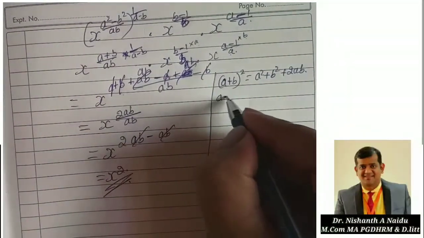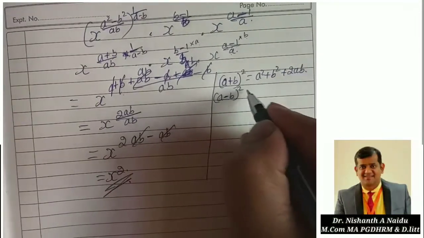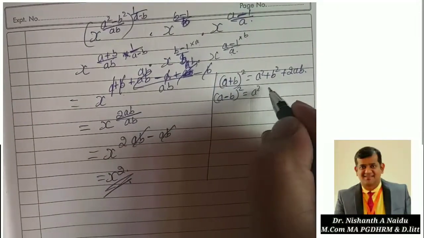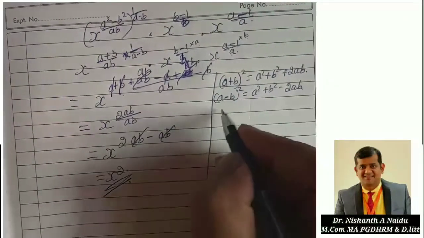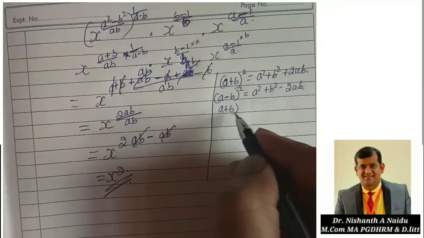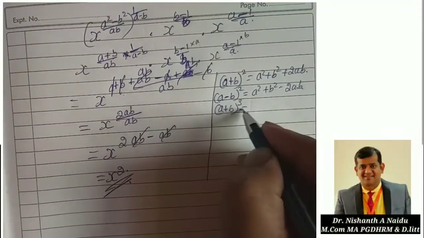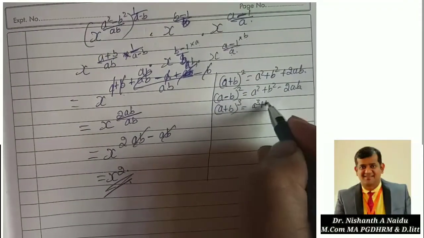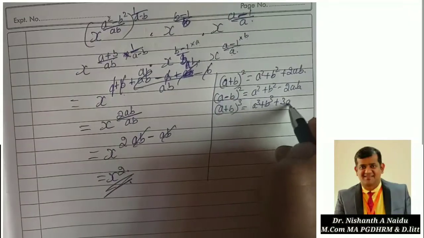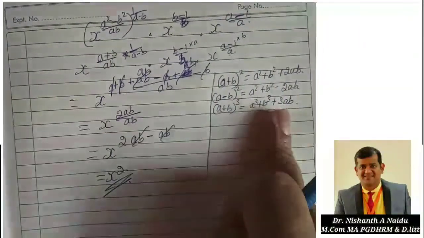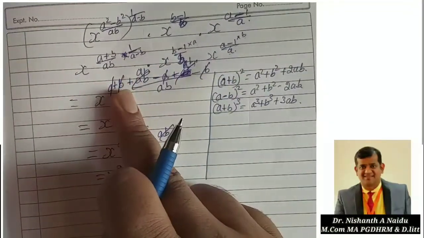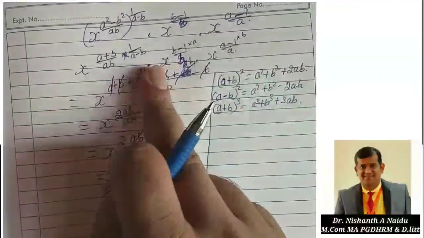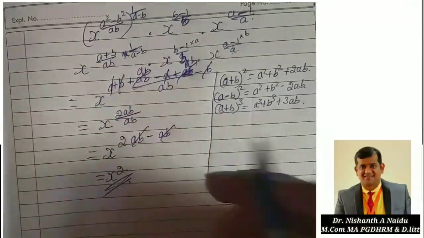The same way, A minus B whole square equals A square plus B square minus 2AB. The same way, A plus B cube equals A cube plus B cube plus 3AB. Clear? The same formula I have applied over here to calculate this part. If you apply this formula over here, you can easily solve that.